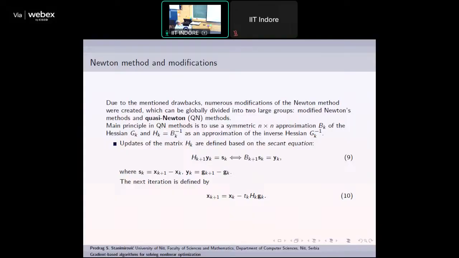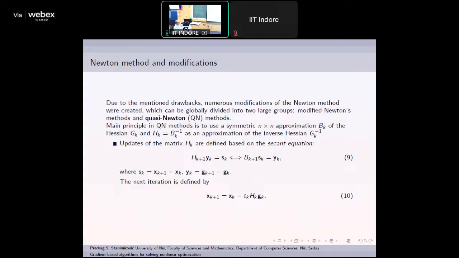Instead of using the inverse of Hessian, we will use an approximation of this inverse. Of course, the approximation will not give so good results in one iteration. In future, it will. Finally, it is better to spend many more iterations using simple approximations of the inverse of Hessian than a much smaller number of iterations in Newton methods.